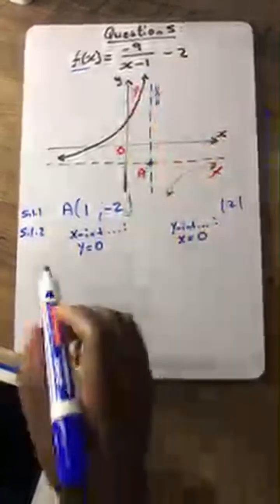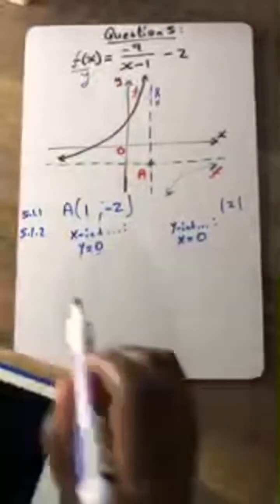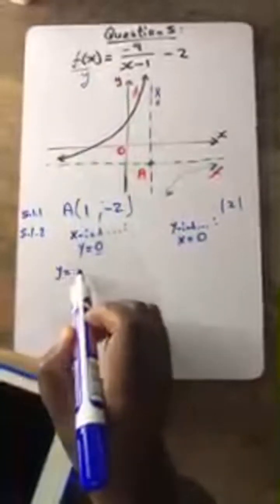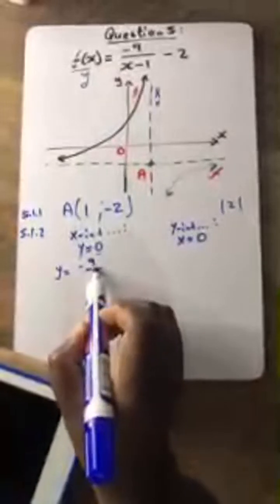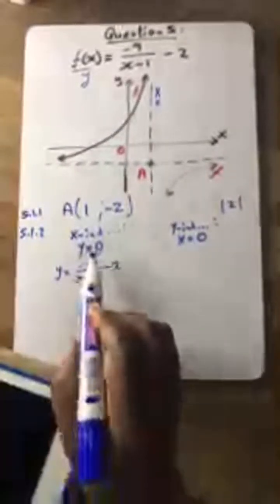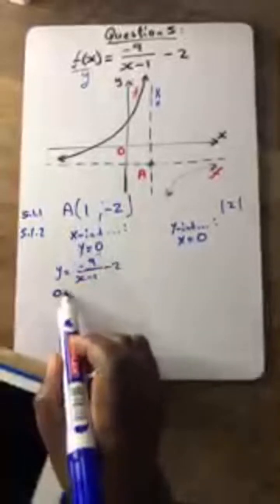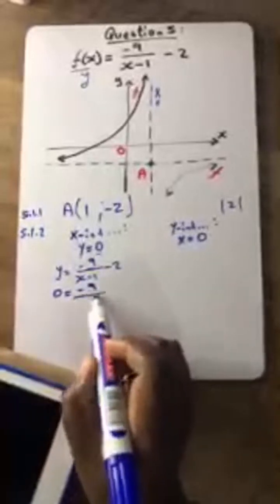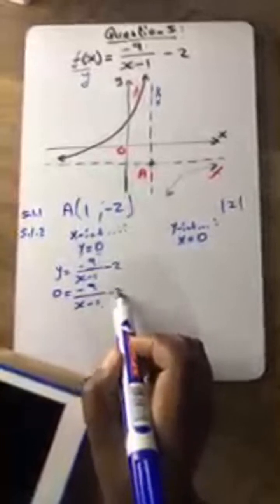So where we see y, we put 0. And remember, f of x is the same as y, or it represents y. So it's more like on that equation of y being equals to -9, the whole of that divided by x minus 1 minus 2, where we see y, we put 0. So that means now we have negative that and that minus that.